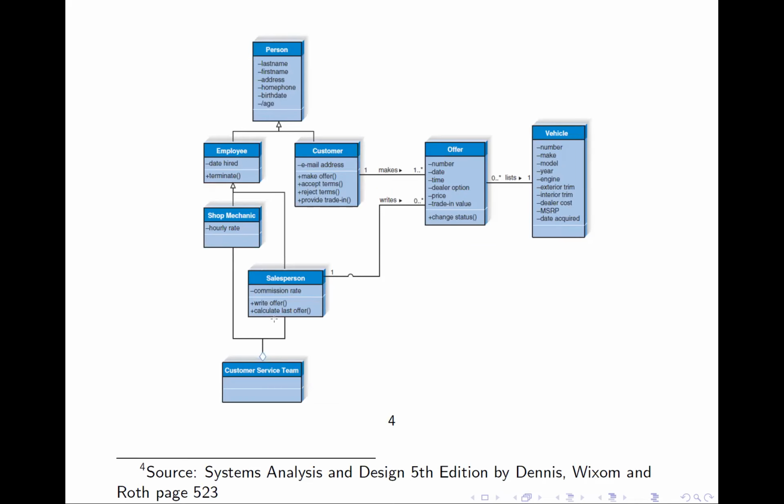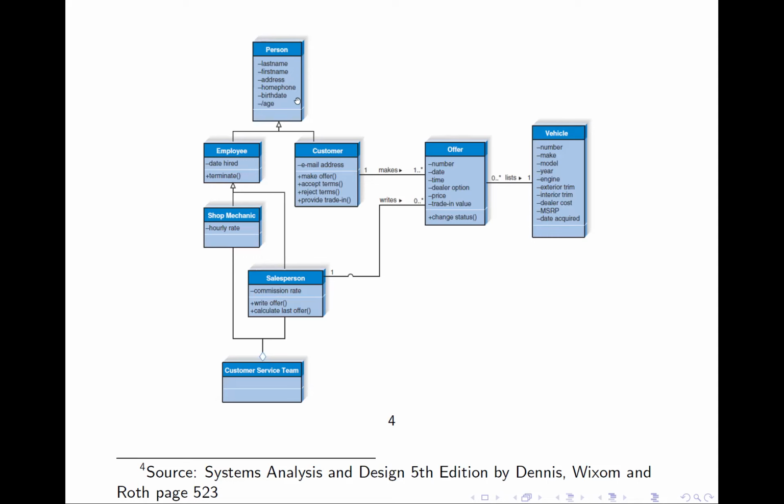Here is another one from another book. This representation is coming from Systems Analysis and Design by Dennis, Wixom and Roth. In that particular case also, you can see similar representations. For example, if you take employee, there are two subclasses we can identify: shop mechanic and salesperson.